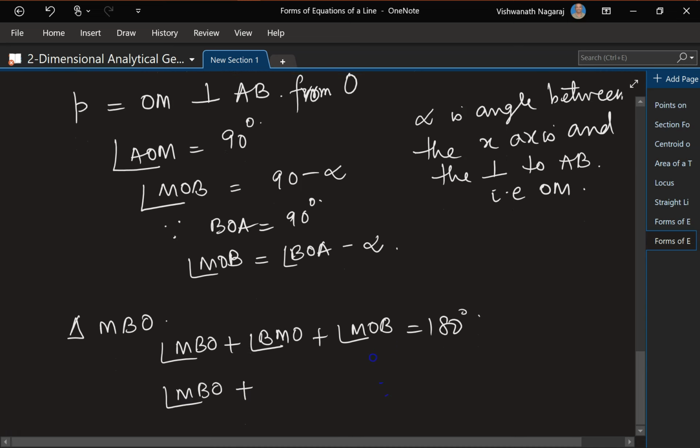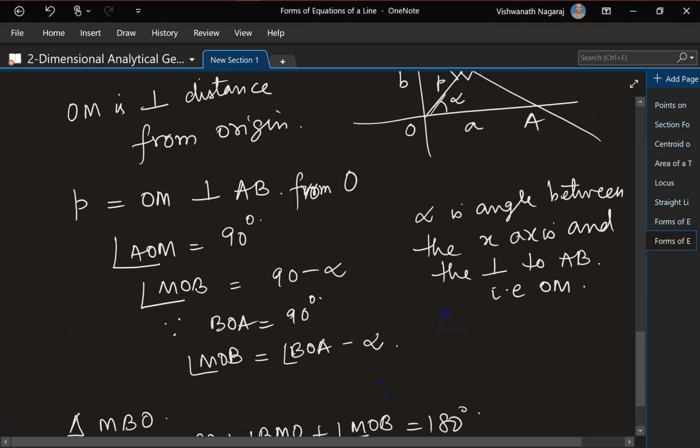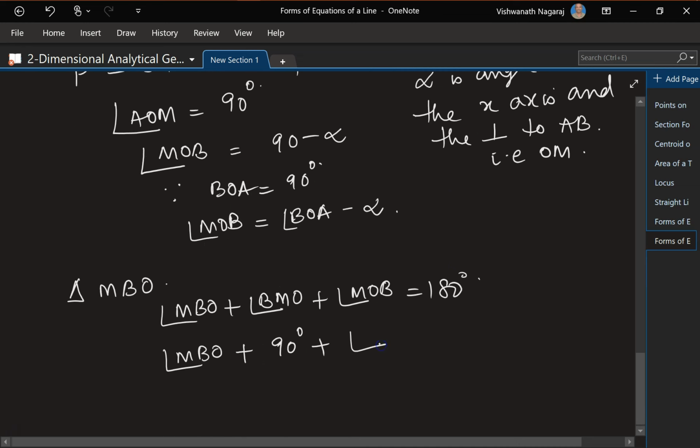BMO is 90 degrees. MOB is what? Just now we saw MOB is 90 minus alpha. 180 degrees. So this is 180 degrees, which cancels with this. So we are left with 0 here. So angle MBO is equal to alpha.